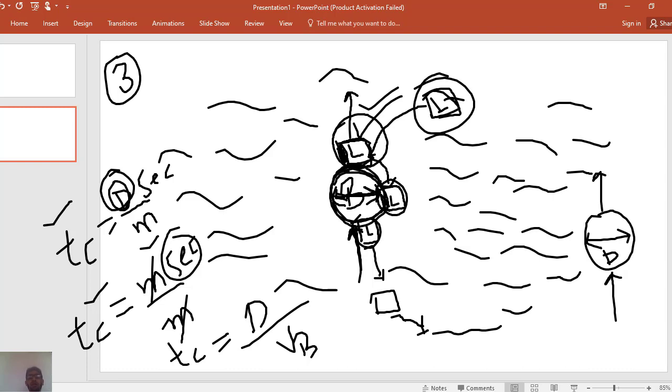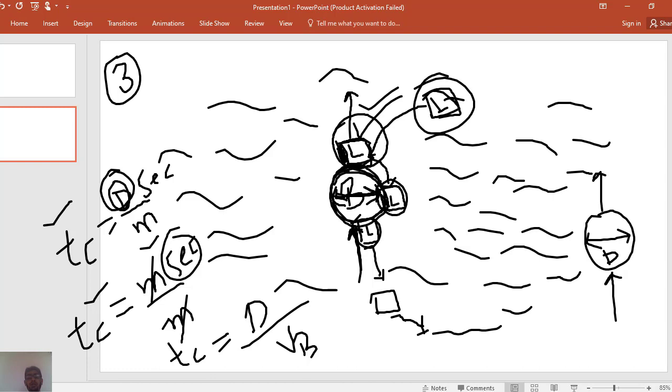So it depends on the diameter of the bubble and on its rising speed, which can be small for some bubbles.